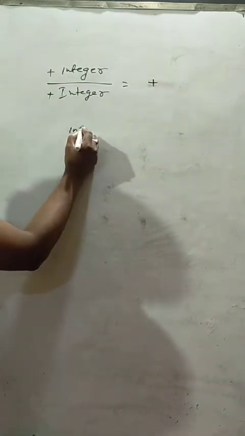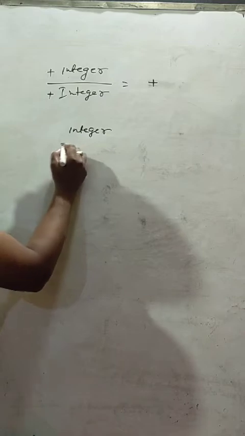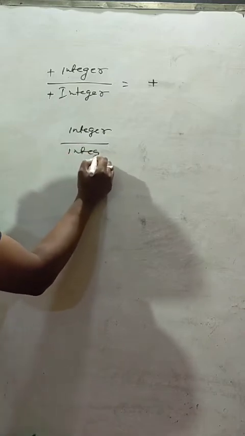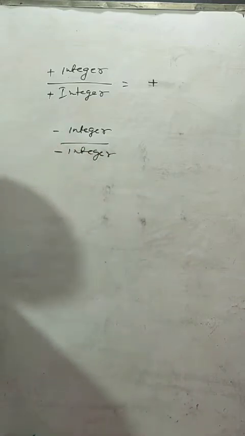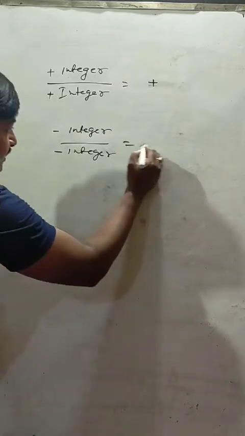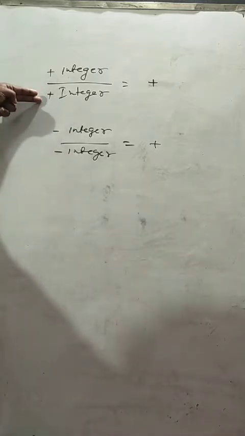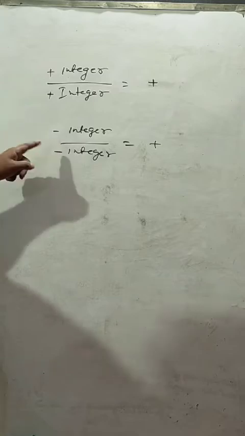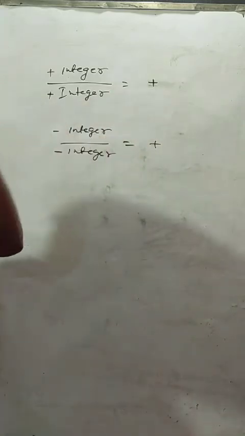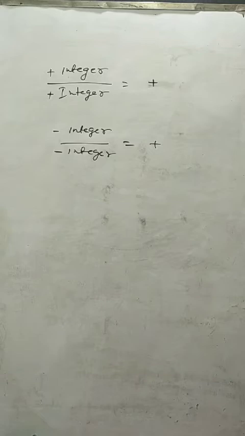If we divide an integer by another integer and both the signs are negative, the result will be positive. Means if we divide an integer by another integer of the same sign, the result will always come out as a positive number.